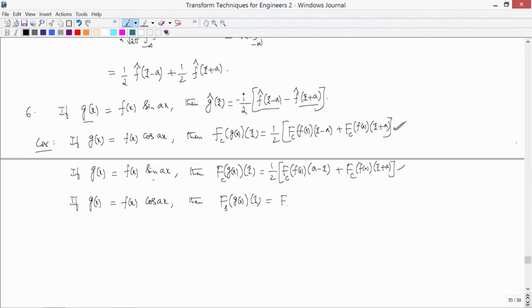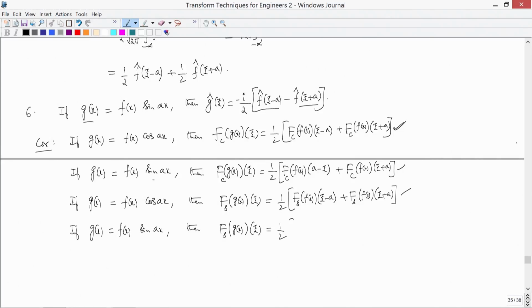So, instead of the cosine transform you write the sine transform: F_s of f(x) at xi minus a plus F_s of f(x) at xi plus a, similar to the cosine thing. Last one, another combination is f(x) sin ax, then the Fourier sine transform of g of x at xi. This will be, we have a minus here. So, there is a small change. These things you can just work out and see.